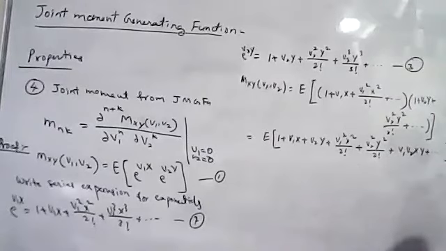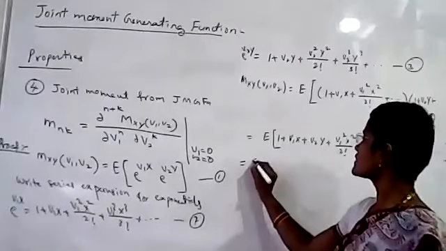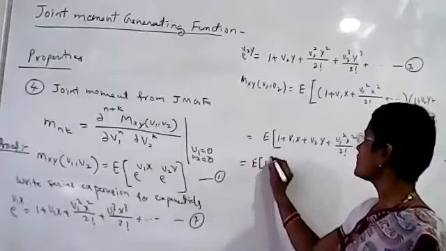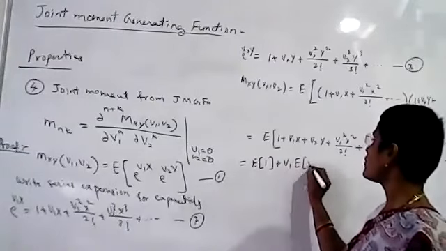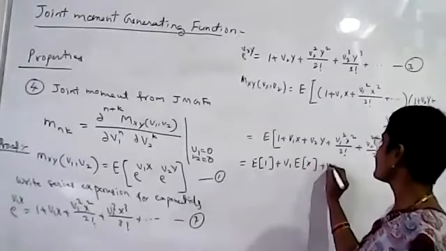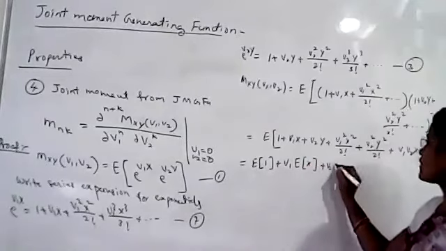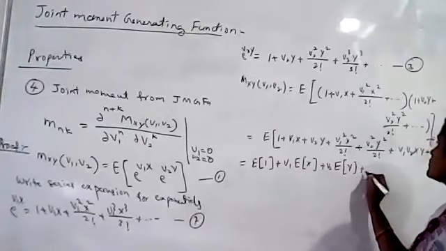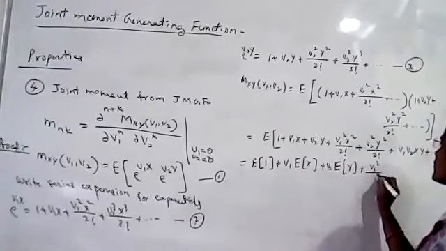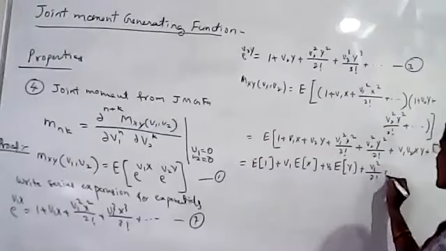Now we apply expectation to each and every term. So this can be written as 1 plus v1 times the expected value of x, v2 times the expected value of y. v1 is a constant, so we can write it outside. So expectation we apply only to the random variables.